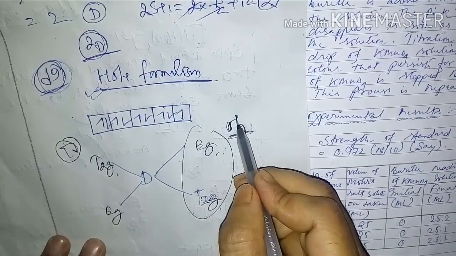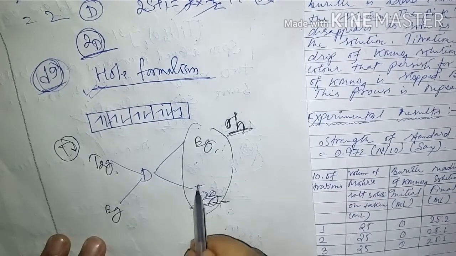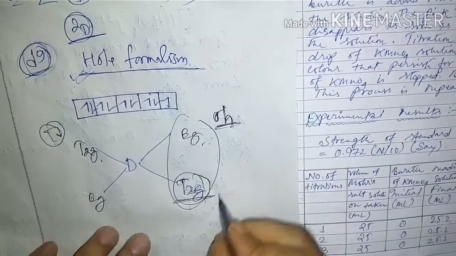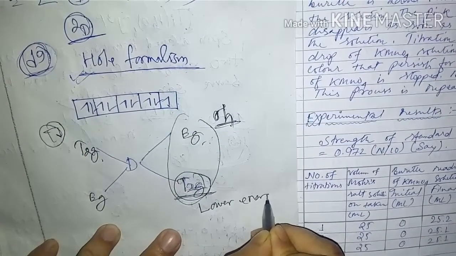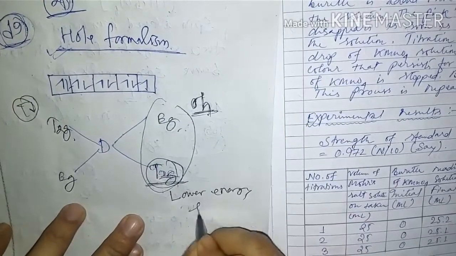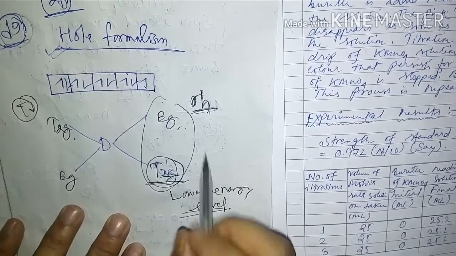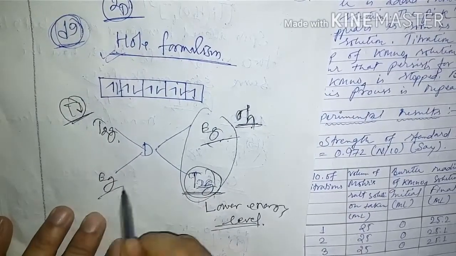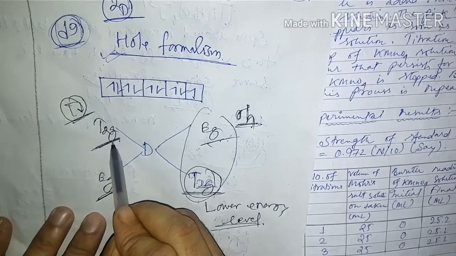In the octahedral case, this is the lower limit. Sorry, not lower limit, this is the lower energy level. Okay, this one is the lower energy level and this one is the higher energy level. In case of tetrahedral, this one is the lower energy level and this one is the higher energy level. Understood?